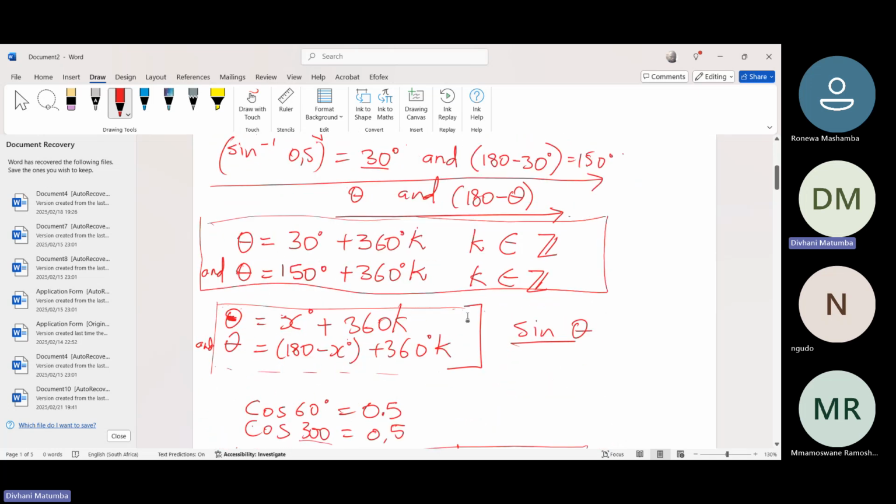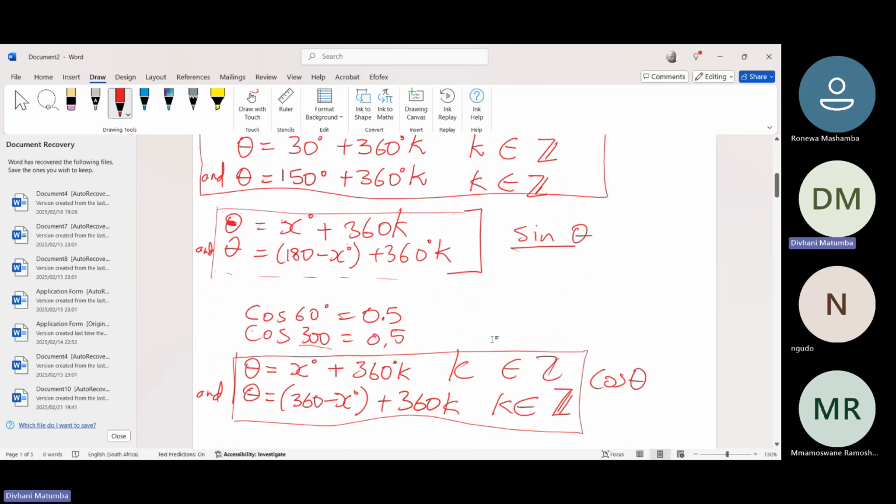Let me do it using what we have. So you agree that we will have the angle which is 90 degrees, right? And the second equation for your general solutions will be 180 minus 90, which is 90.